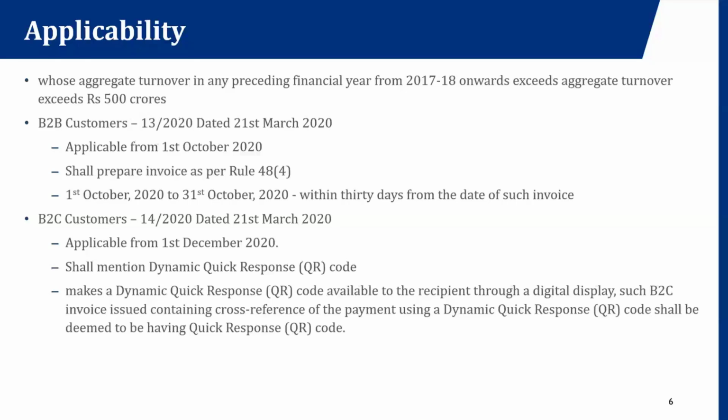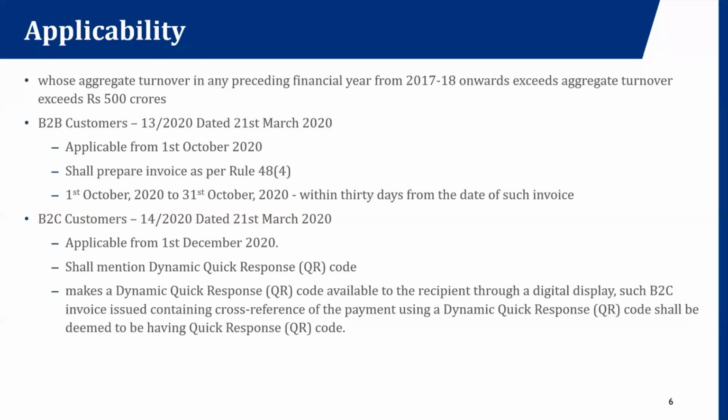We have to ensure that B2B customers and B2C customers are segregated and sorted, because the IRN needs to be mentioned for B2B customers, and for B2C customers we have to mention a QR code on the invoice.